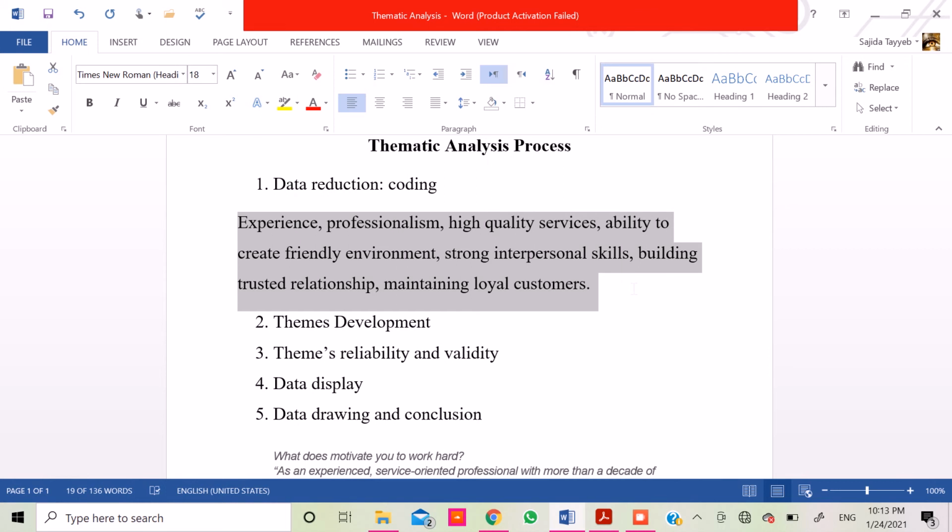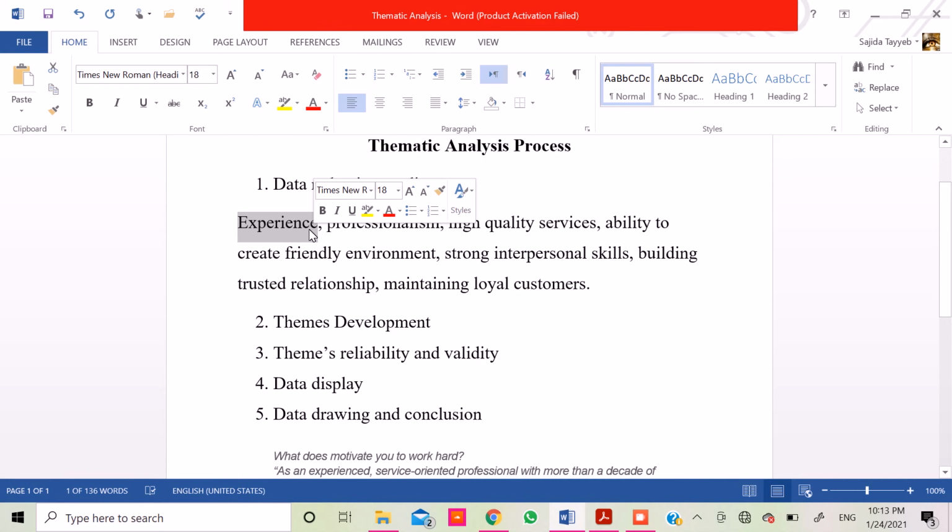So there is a lot of possibility that same answers could be repeated. In that case, just do the coding once. If the experience has been mentioned once, there's no need to mention it again. So you have to keep a check on your research questions and objectives, and also on not repeating any code. Even if you repeat and later realize it, you can remove it very easily. There's no issue.